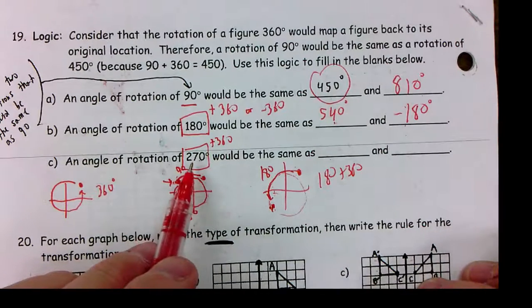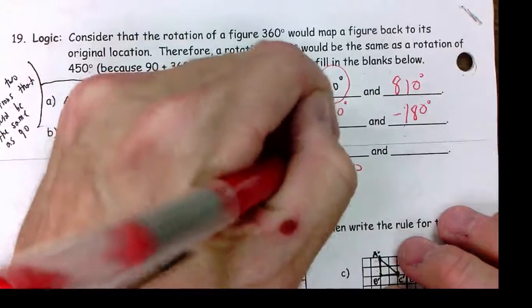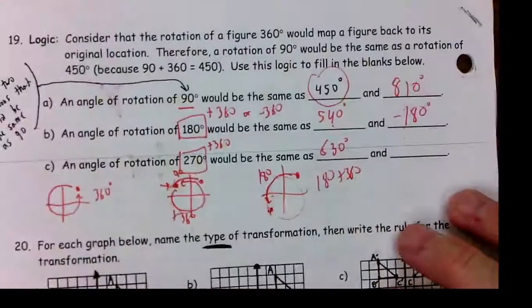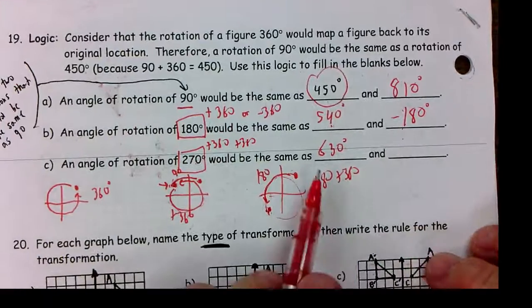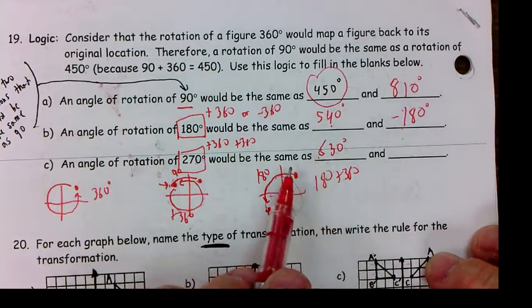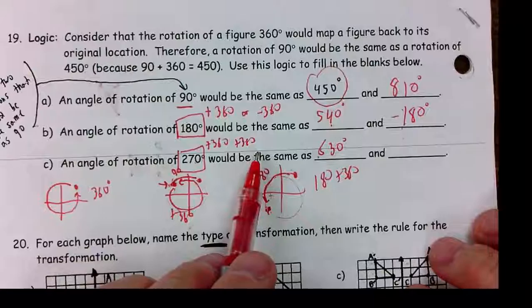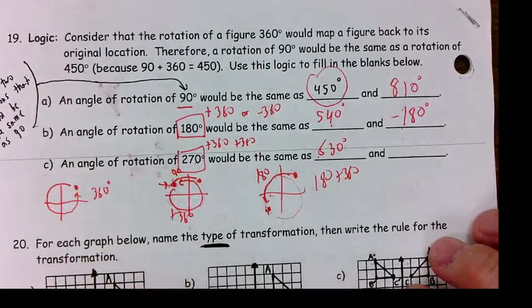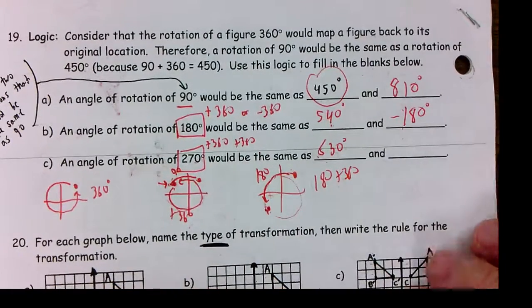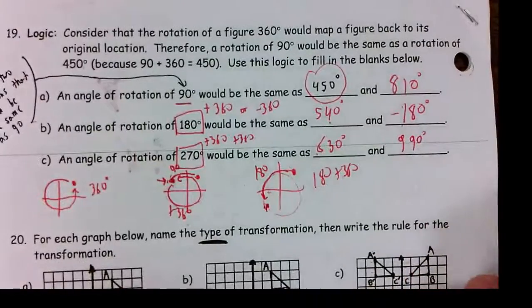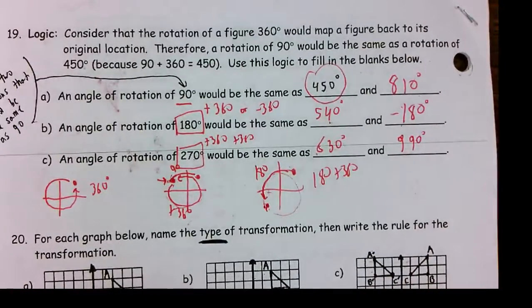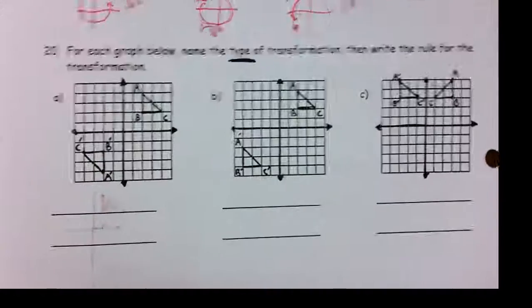So that would be 630, I believe. And then if I add 360 again, I'm still in the same spot. So 630 plus another 360 would be 990 degrees, I believe. I hope that's right. I think it is. All right. That takes me to the last problem.